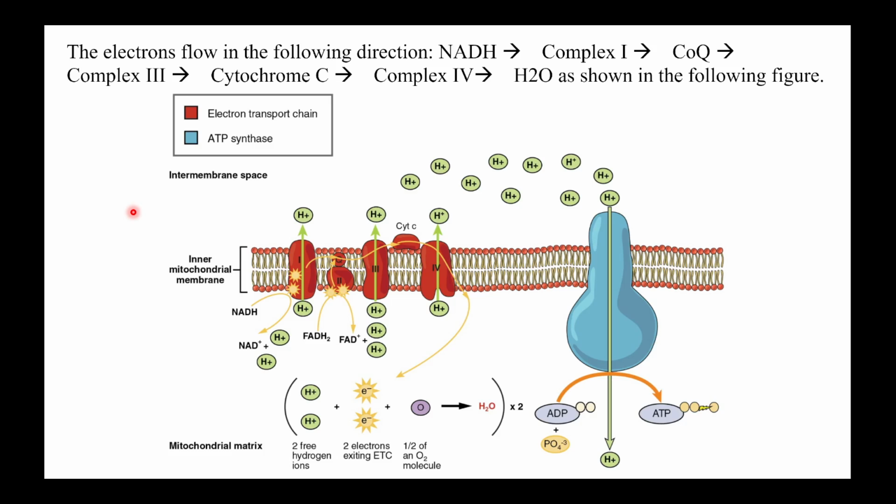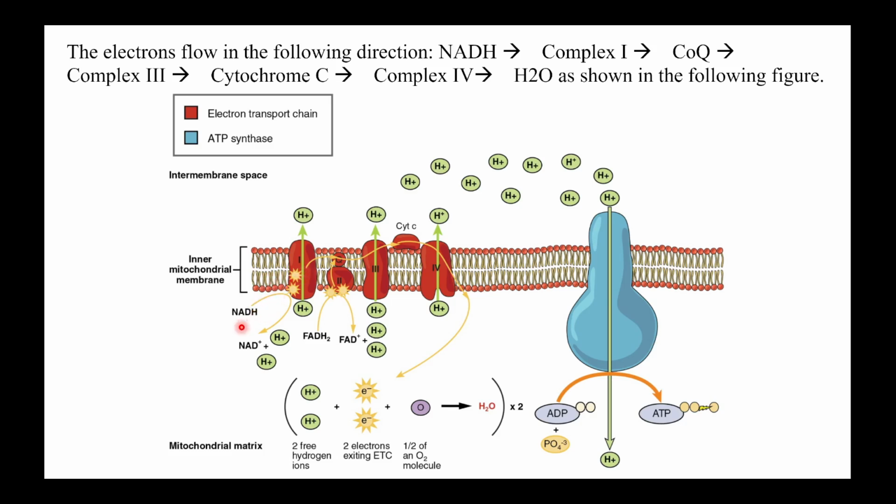From the citric acid cycle, NADH and FADH2 are generated, which are carrying the electrons. They will get converted into NAD plus and FAD plus respectively. So NADH gets converted into NAD plus and releases an electron.